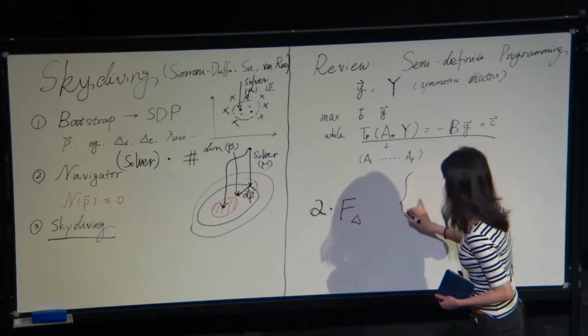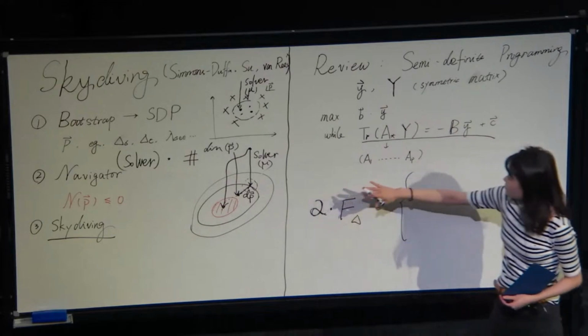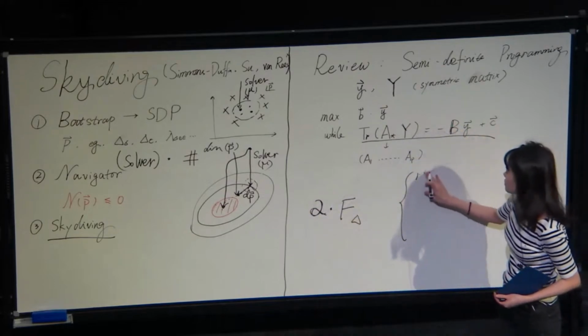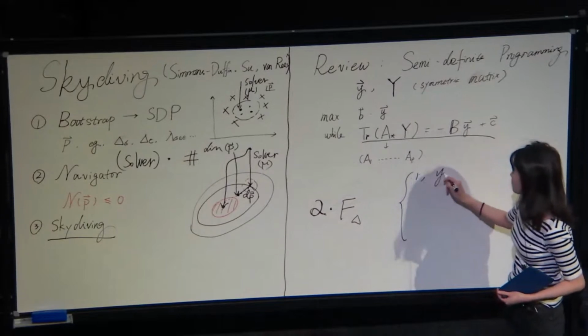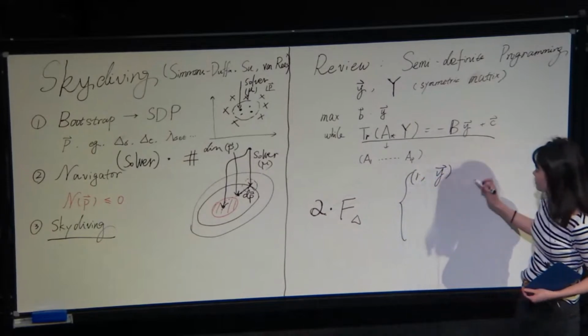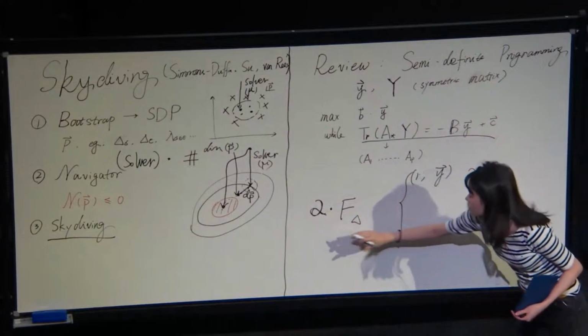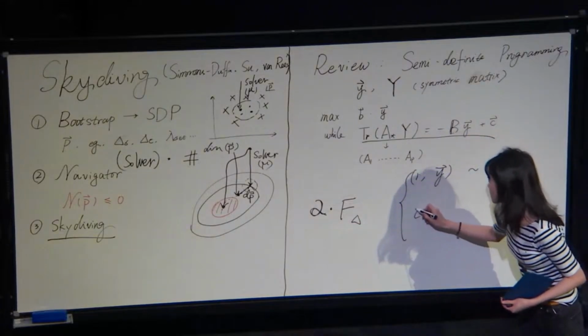Those functionals, alpha, are related to this vector variable y, while those constants are related to the blocks.